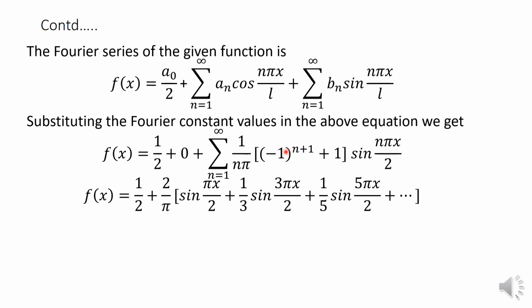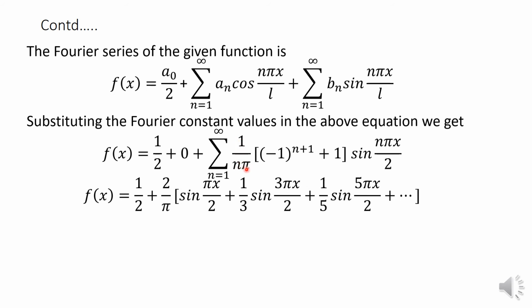If I put n is equal to 1 here, we get minus 1 square. What is the value of minus 1 square? Minus 1 square is plus 1. Therefore we get plus 1, we get 2. Am I right? 1 plus 1 is 2 when n is equal to 1. So we get 2 divided by 1 pi.